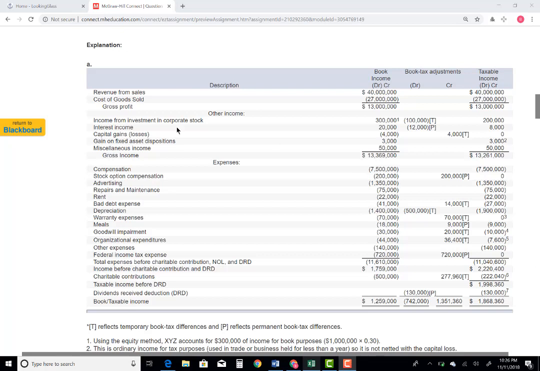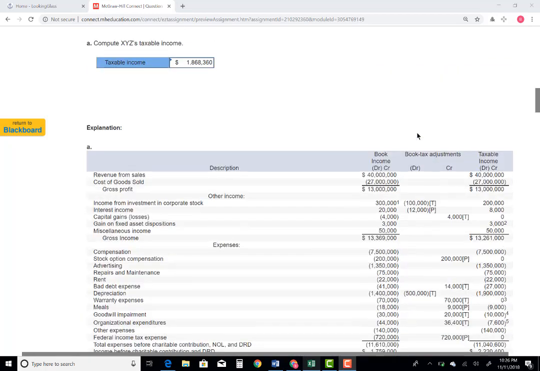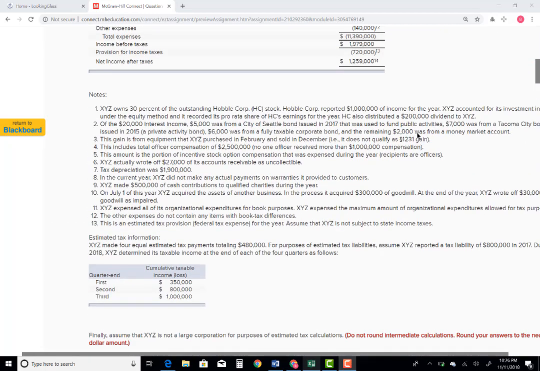All right, so kind of moving on to the next category, interest income here of $20,000. So notice that's all the interest we got from bonds. We know from our individual taxation class that local bonds are tax-free, so that applies to corporations that own these bonds as well and receive interest from these bonds. So notice we have a $12,000 adjustment. That's just the total amount of tax-free interest we received.